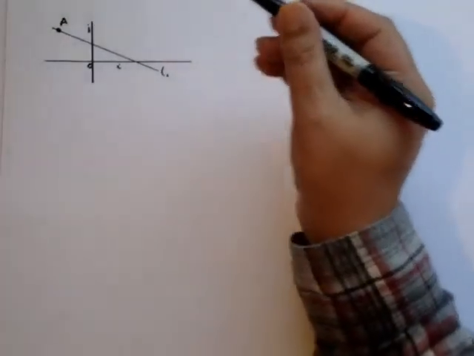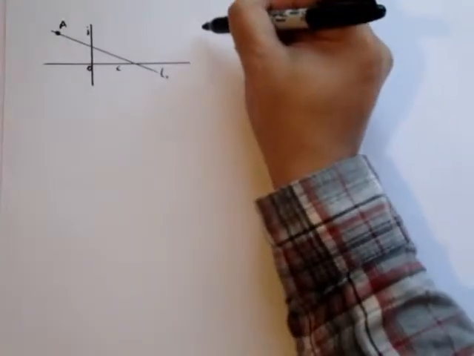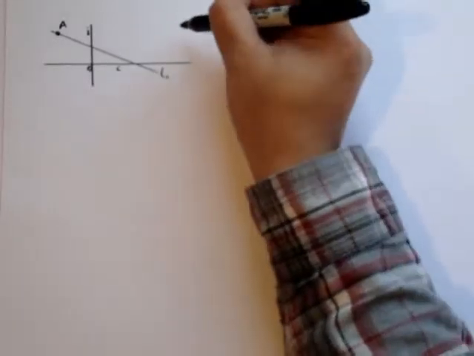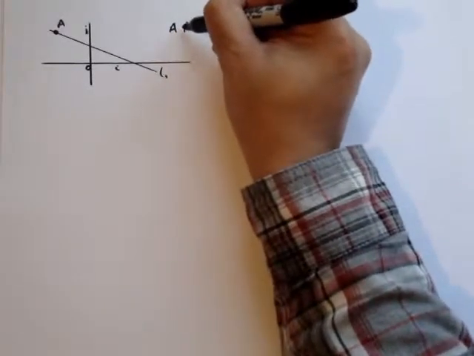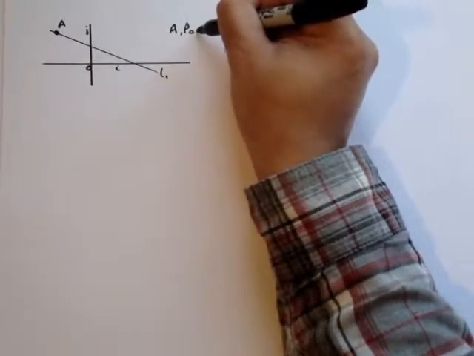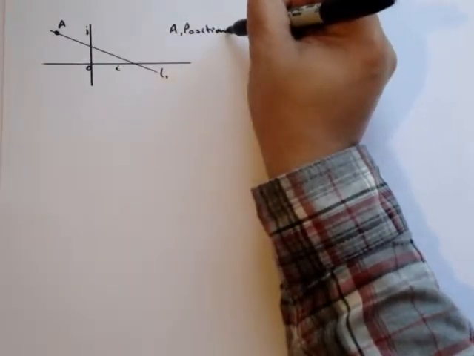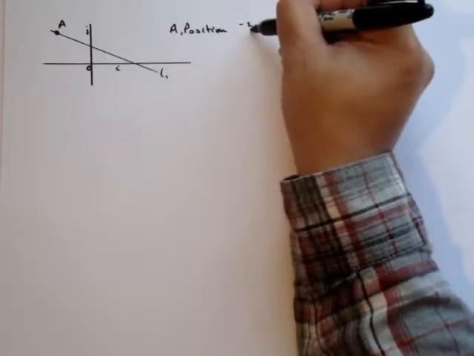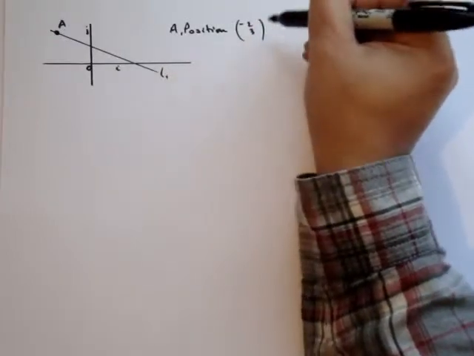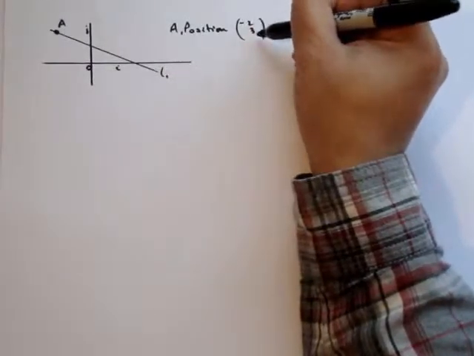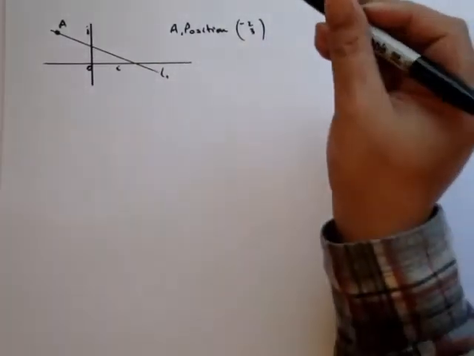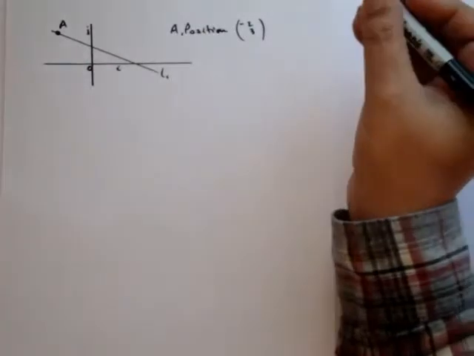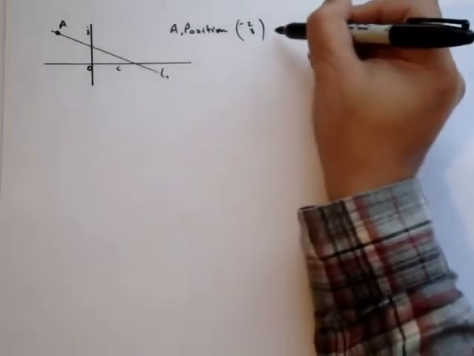Okay, if we're given a point A on the line L1 and the position vector of A is (-2, 3). So remember, the top is the i and the bottom one is j. And A is on line L1.